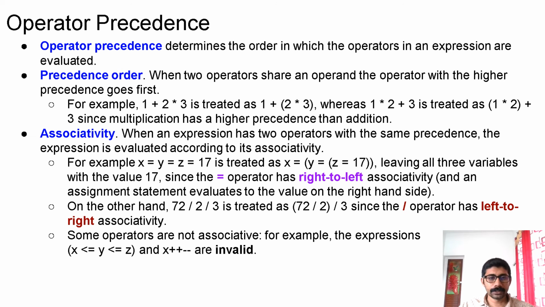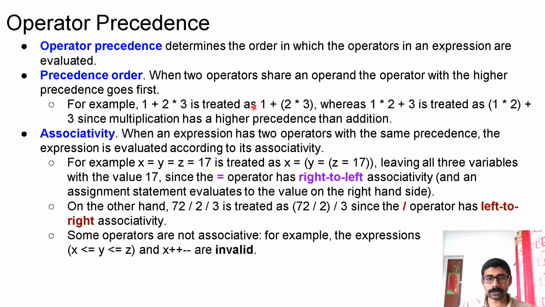Operator precedence. Operator precedence determines the order in which the operators in an expression are evaluated. Precedence order: when two operators share an operand, the operator with higher precedence goes first. For example, 1 + 2 * 3. Multiplication has higher precedence, or higher priority, than addition.